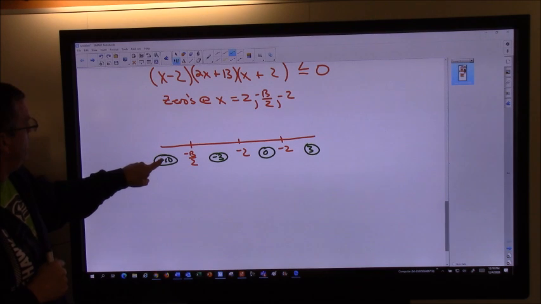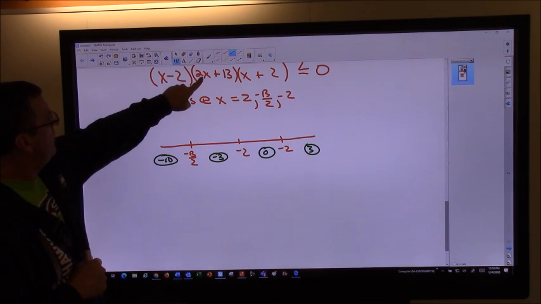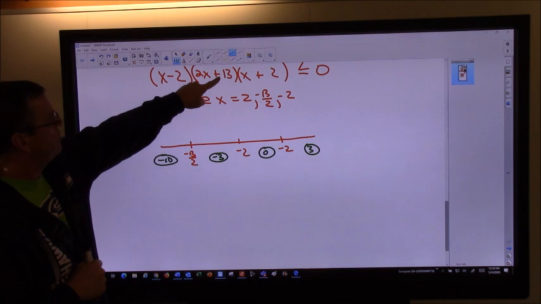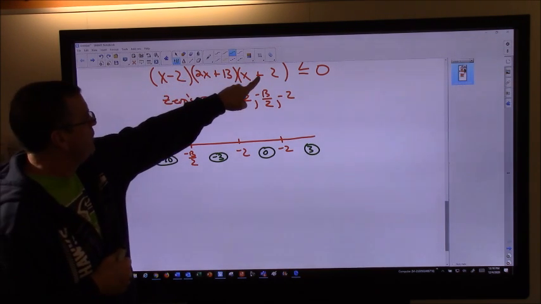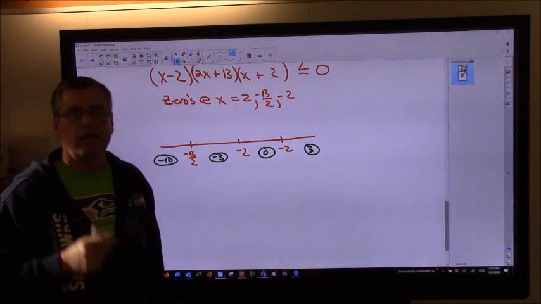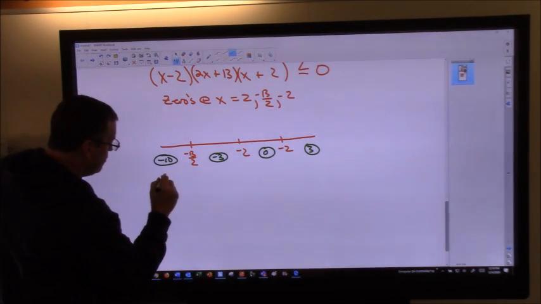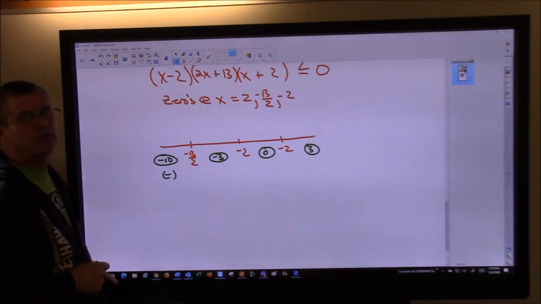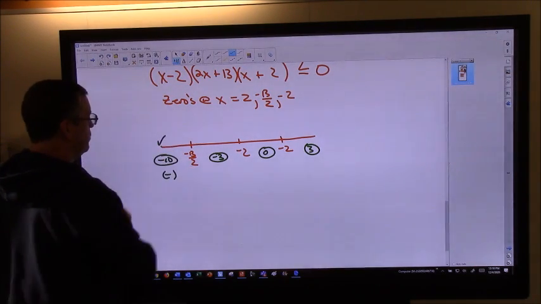So if I plug in a negative 10, I get negative 12. Put a negative 10 there, I would get negative 20 plus 13, that's a negative number. So I got a negative times a negative. Put a negative 10 there, that'll be a negative 8. So I got a negative times a negative times a negative. 3 negatives, that means this is negative overall. And that's what we want. So there's part of my answer.